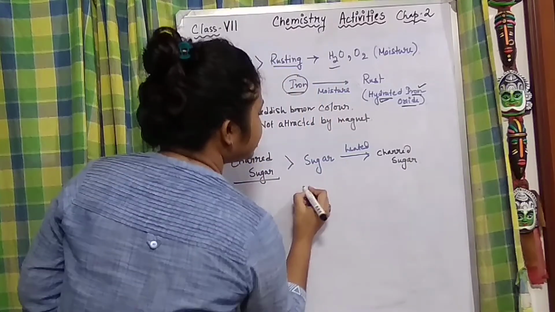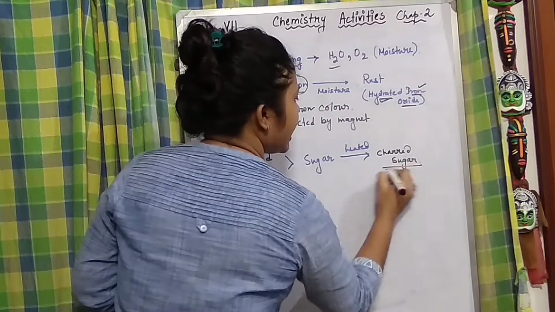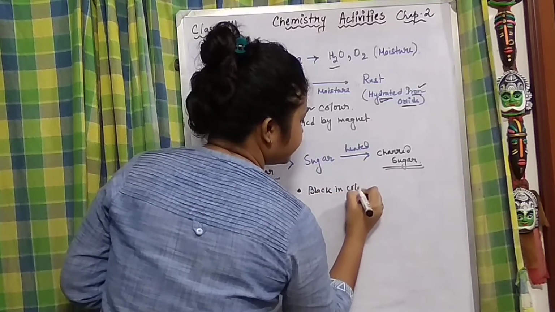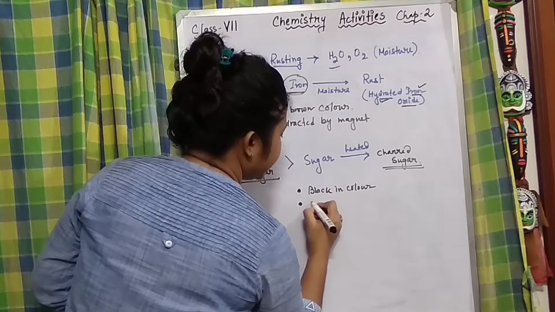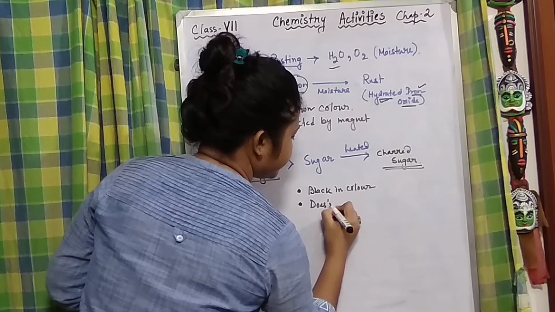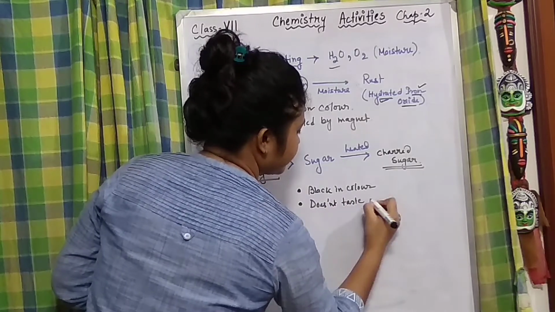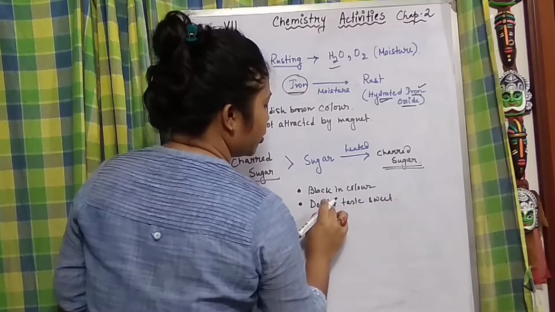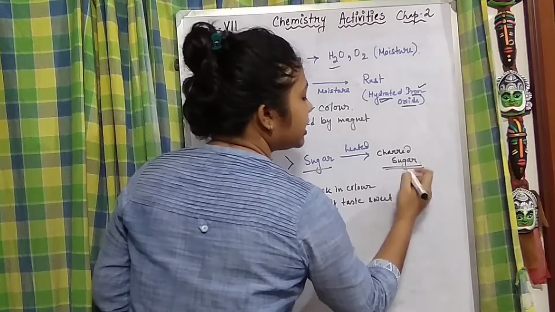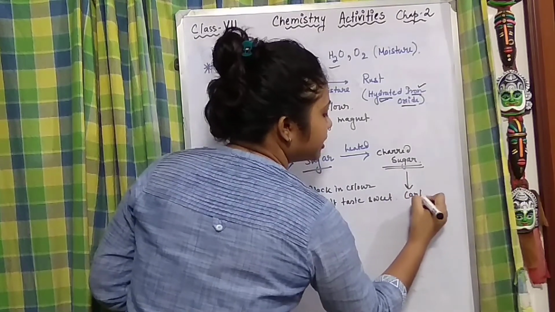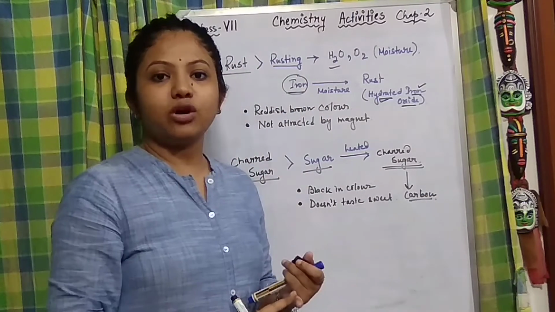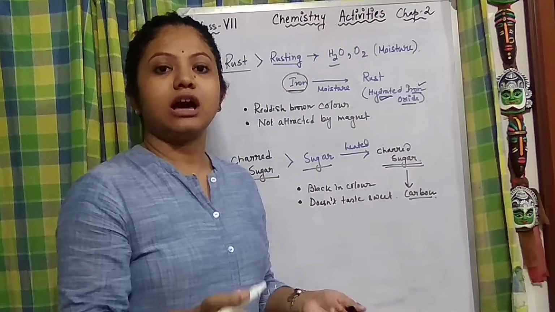Charred sugar is black in color and does not taste sweet, which are totally different properties than sugar, right? Basically, charred sugar is carbon. During its formation, carbon dioxide evolves along with other products.